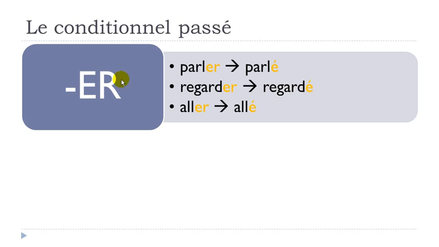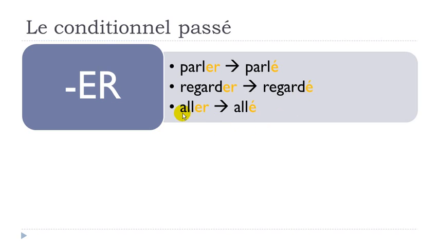And here, when we talk about the first group of verbs, we are really talking about a lot of verbs, okay? So many verbs will follow this simple rule. So the second part that you will use for this conditionnel passé will be written like that if the verb belongs to the first group of verbs.